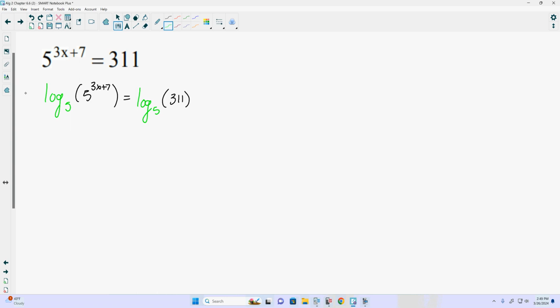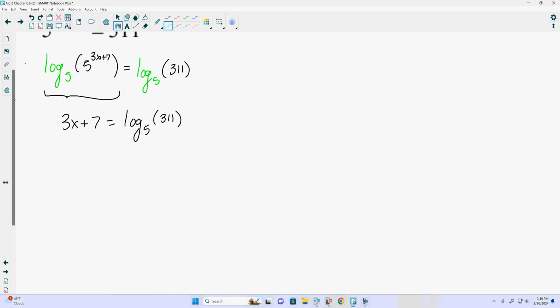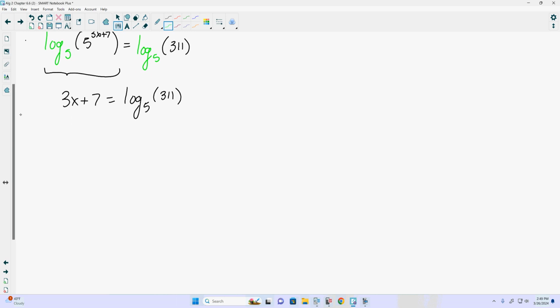What would log base 5 of 5 to the 3x plus 7, what would this entire side reduce to? Just 3x plus 7. It would just reduce to our exponent, 3x plus 7. And the right-hand side is log base 5 of 311.